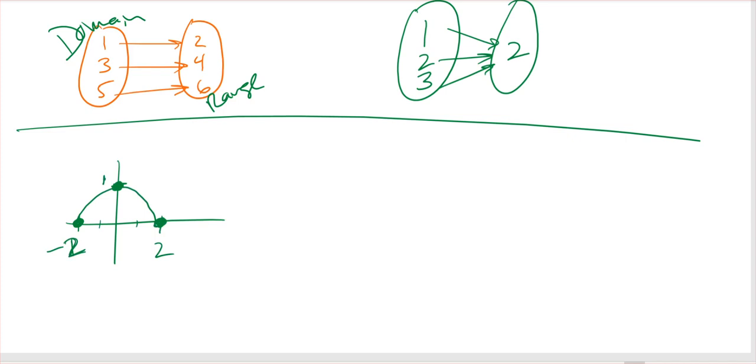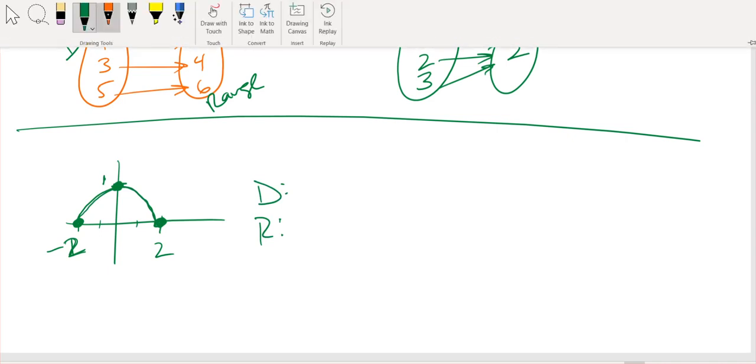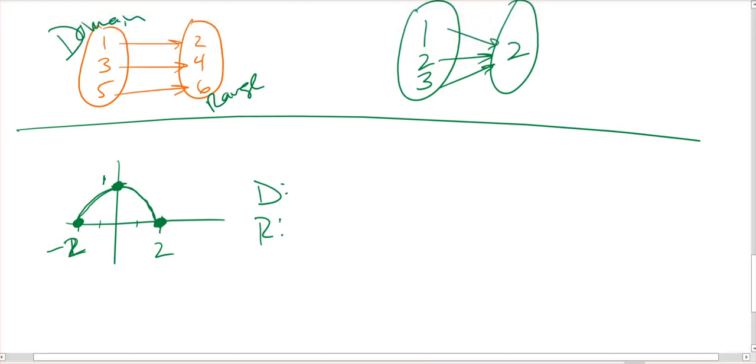Okay. So here's our relation, right? We know it's a relation because it's a set of ordered pairs. A curve on the plane is a set of ordered pairs. And we just need to know what the domain and what the range are. So the domain here is the set of all the x values. When we're looking at x values, we don't care what the y values are.